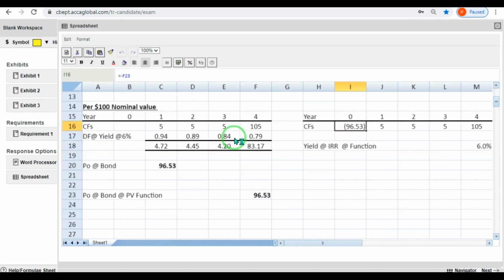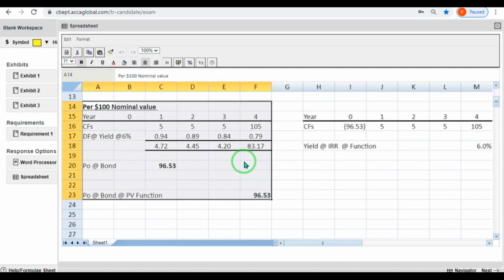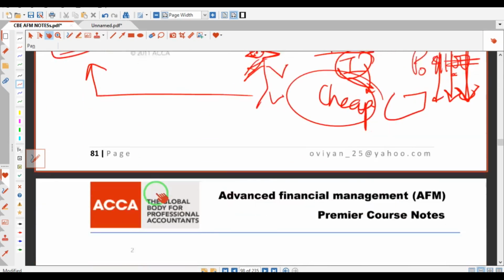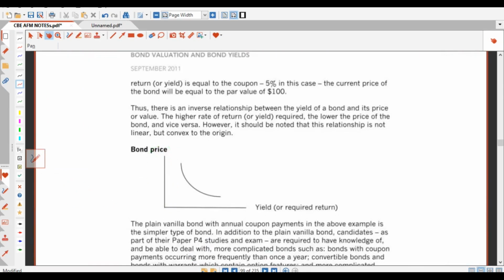Then we're going to do another calculation, per the next page of the article, if it's going to be 5%.